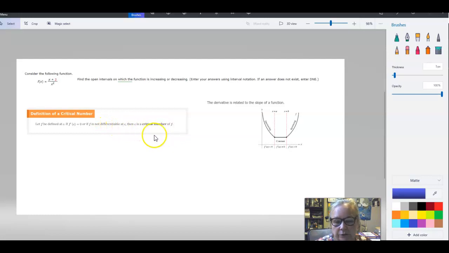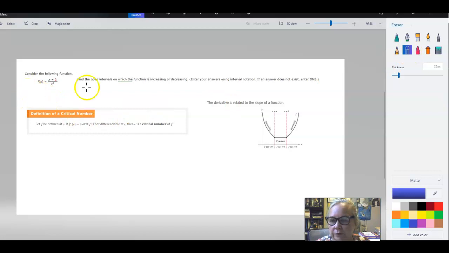So let's look at the function we have. In this case, we can see that all real numbers except 0 are in the domain of this function. So if I write the domain of this function in set notation, I can say all real numbers not equal to 0.